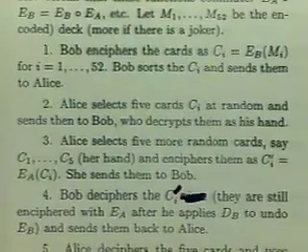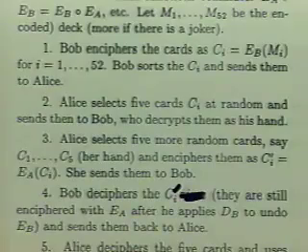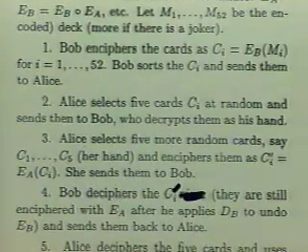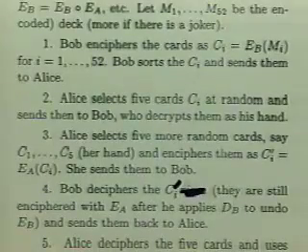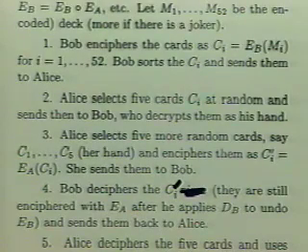Alice, of course, doesn't know what card any of these CIs represent. Alice only sees 52 large numbers. So Alice chooses five of the cards at random out of the 52. She can do it any way she wants, as long as any set of 5 cards out of the 52 would be just as likely to be chosen as any other set of 5 cards.